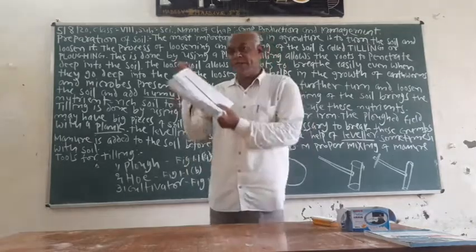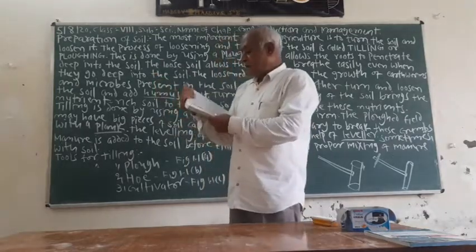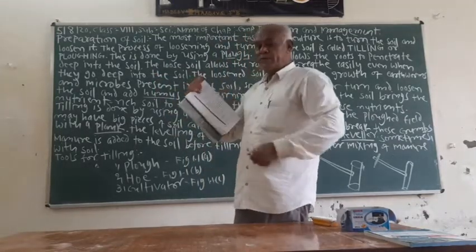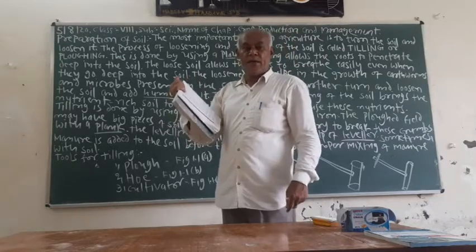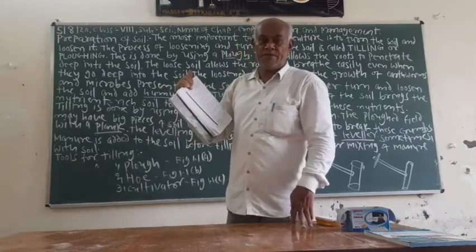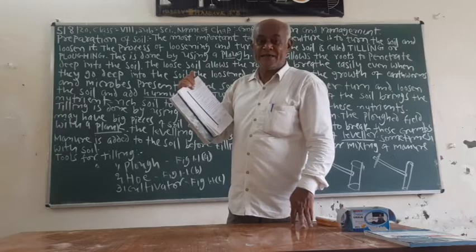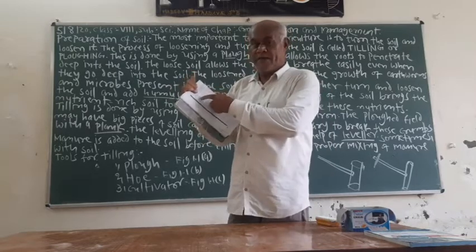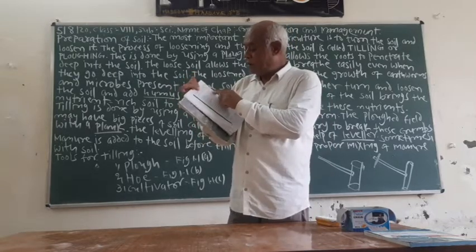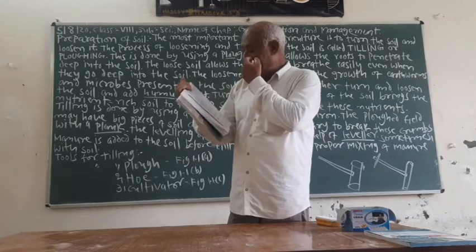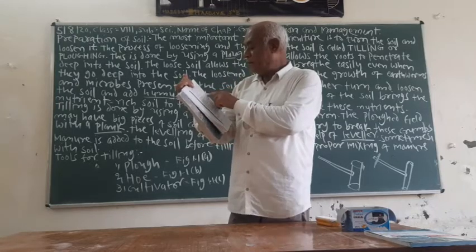Question number 2 is matching type. In column A, Kharif crop; we learn about Kharif crop and Rabi crop. Kharif crop is grown in the rainy season. In column B, we identify which crops are Kharif crops.